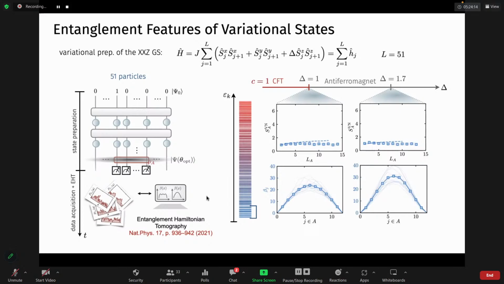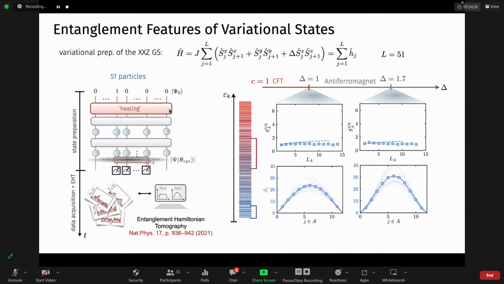In the next step, we also wanted to see if we can confirm these predictions from the eigenstate thermalization hypothesis. Can we also look at highly excited states in this model? What we did is we added an additional quench in the beginning, which scrambles the initial state. The effect is that it heats up your system. This prepares a superposition of states somewhere in the middle of the spectrum.